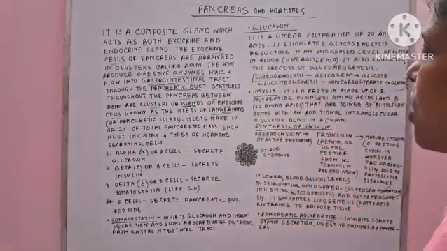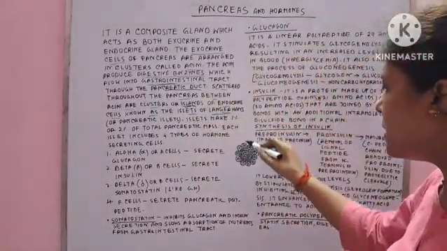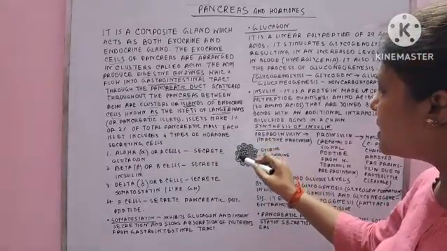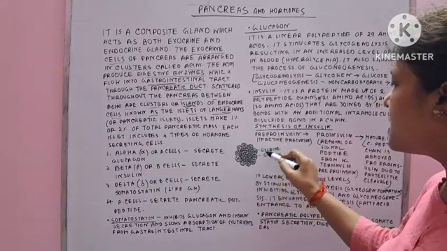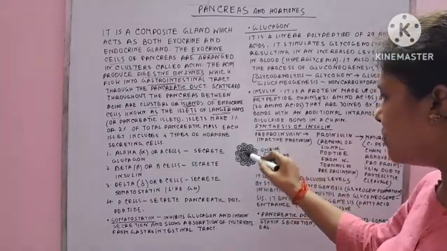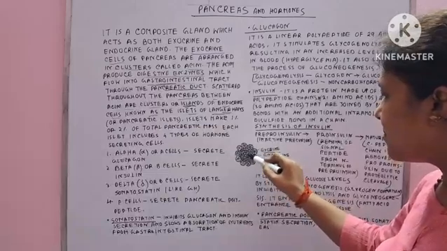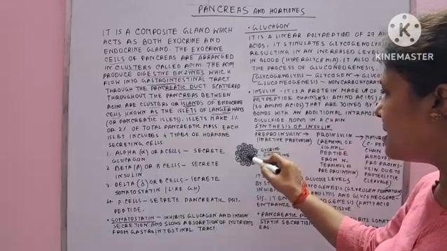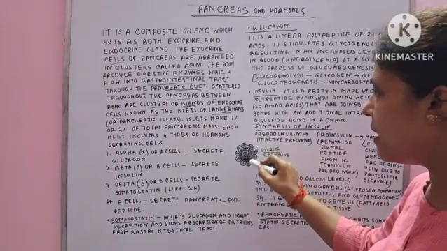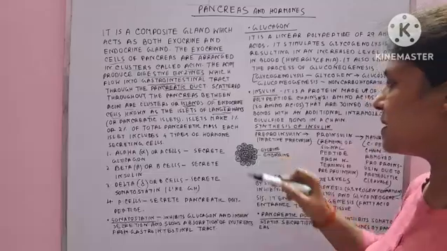In a rough diagram, the outer side consists of exocrine cells and the inner portion consists of endocrine cells. That means not all of it is endocrine; there are a few spaces where the endocrine cells are present.